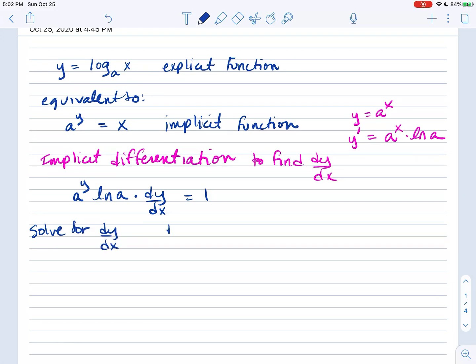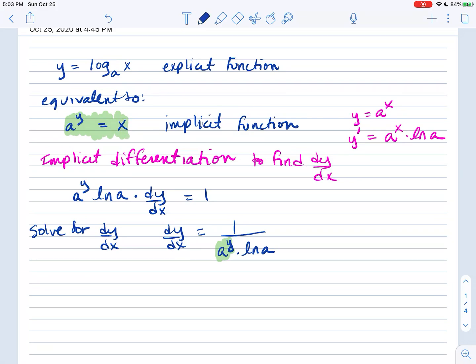And then in my next step, I solve for dy dx. When I solve for dy dx, I'm going to divide both sides by the coefficient on dy dx, which gives 1 over a to the y times ln of a. Now, since we started with y equal to log base a of x, in explicit form, we would want dy dx to be explicitly in terms of x.